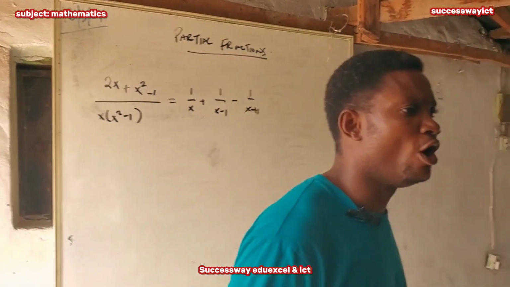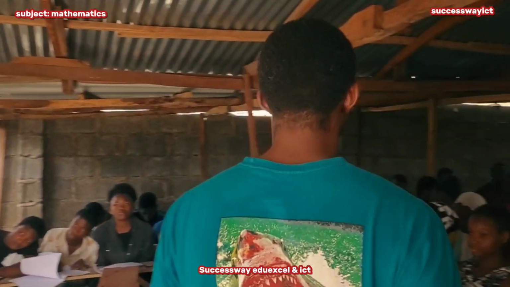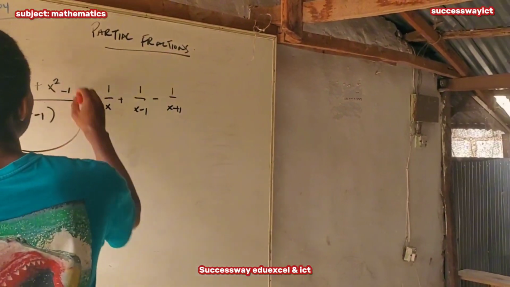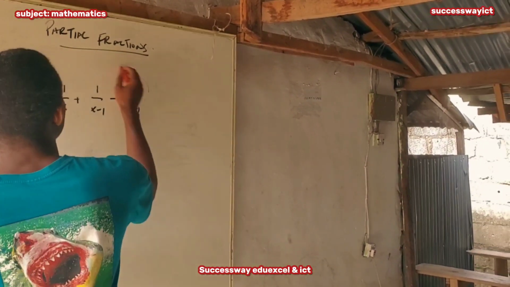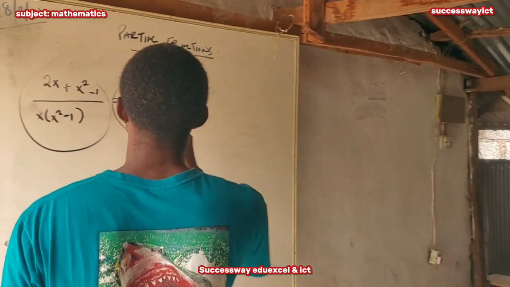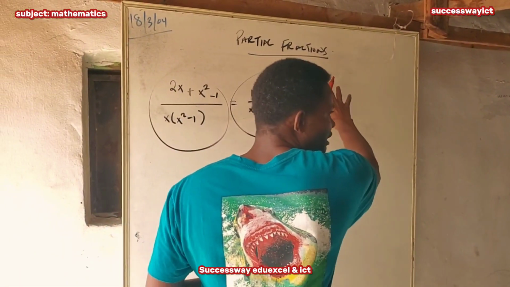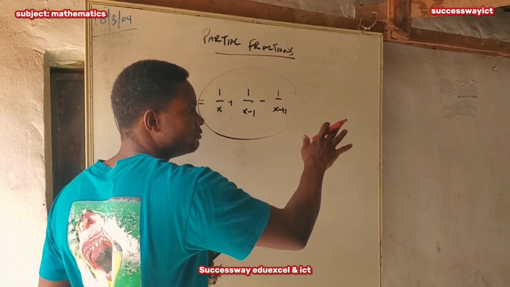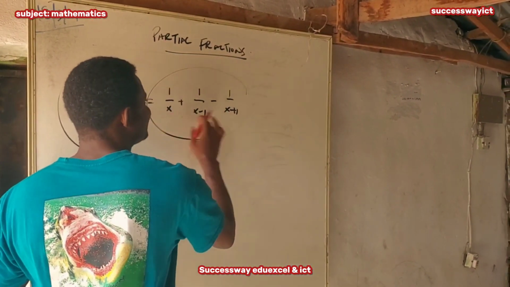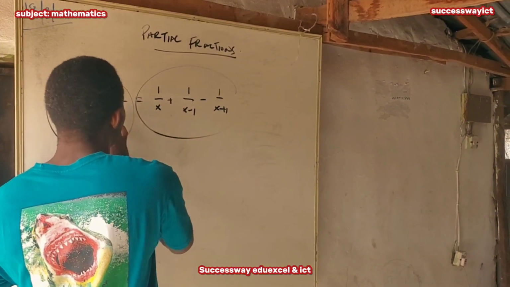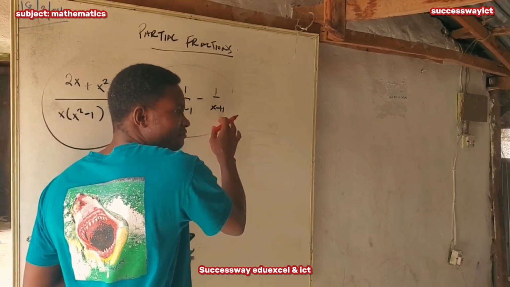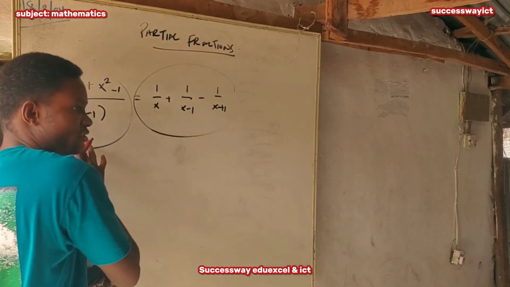Now, look up. I'm going to teach us how to break down this guy here into these guys. Now, when this is broken down into this, you can easily solve it. You refer to this one as the resultant fraction of this fraction.